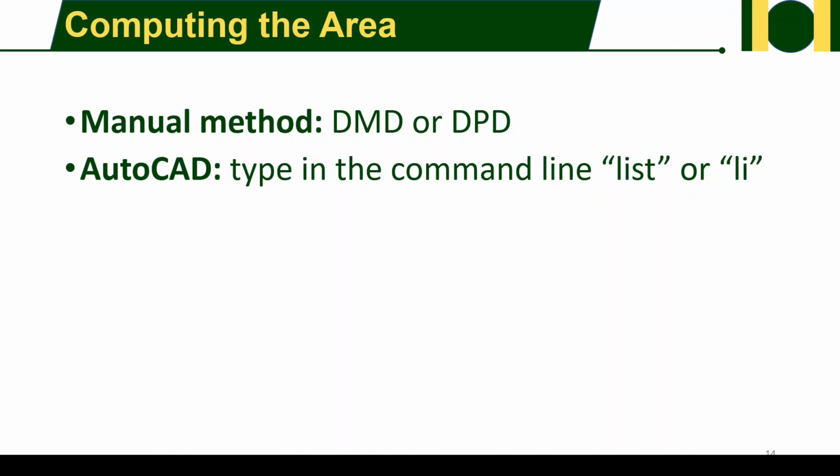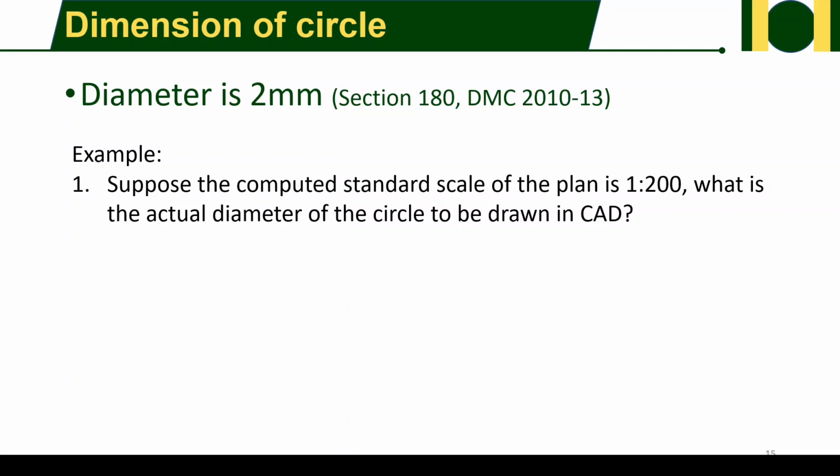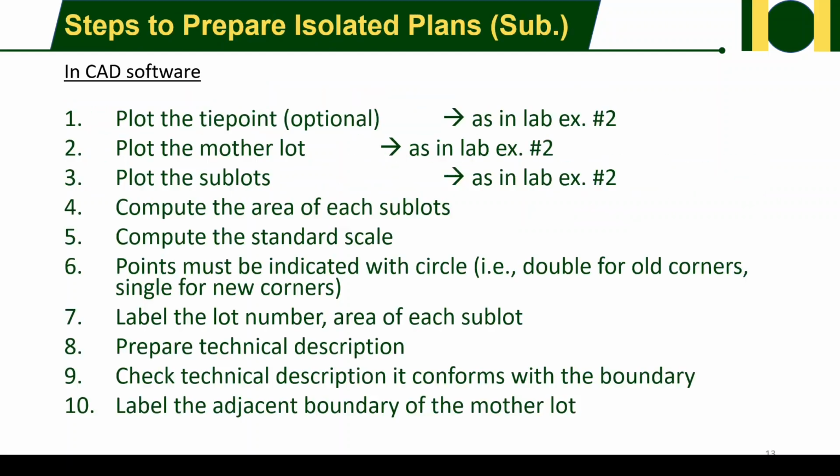For AutoCAD or CAD software, specifically AutoCAD, you have to type LIST or LI in the command line, then enter, then the area will be presented, including the coordinates of each corner or vertex. So after you plot, you have to draw the circle.